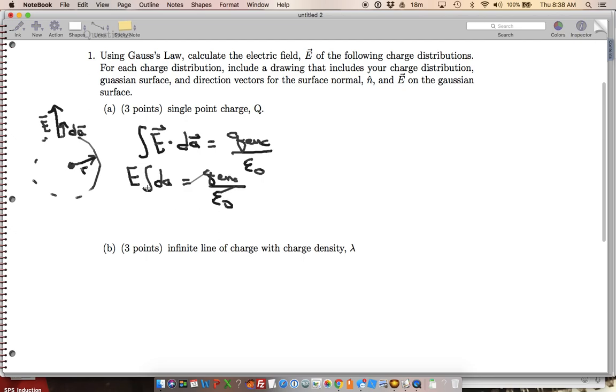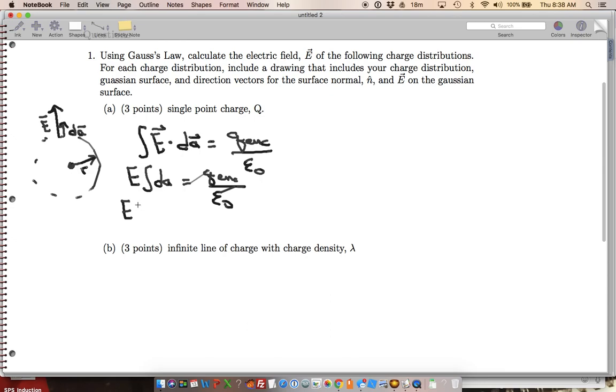Now the integral of dA is the surface area of my Gaussian surface. Since I picked it to be a sphere, I know the surface area of a sphere is 4 pi r squared. So this is the r that I'm using because this is the Gaussian sphere, so E times 4 pi r squared is equal to Q enclosed. Now what is Q enclosed?